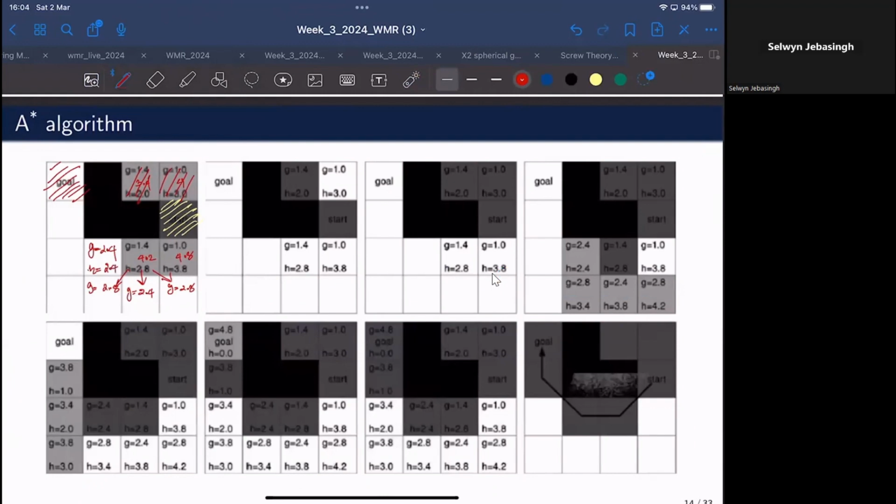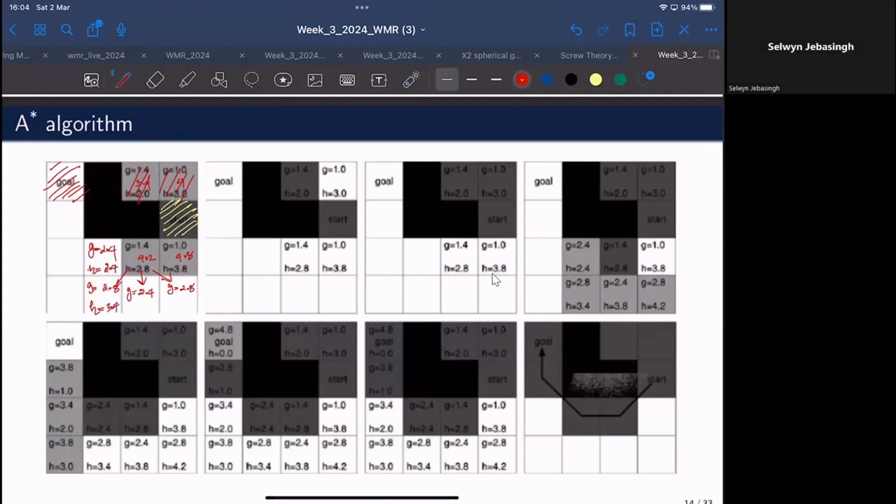2.4. And corresponding to this node, how much would h be? It can go diagonally like this, 1.4, then 1 plus 1. That will be 3.4.